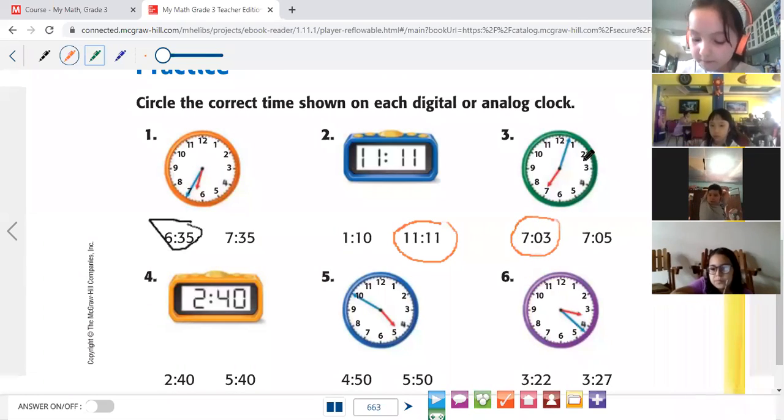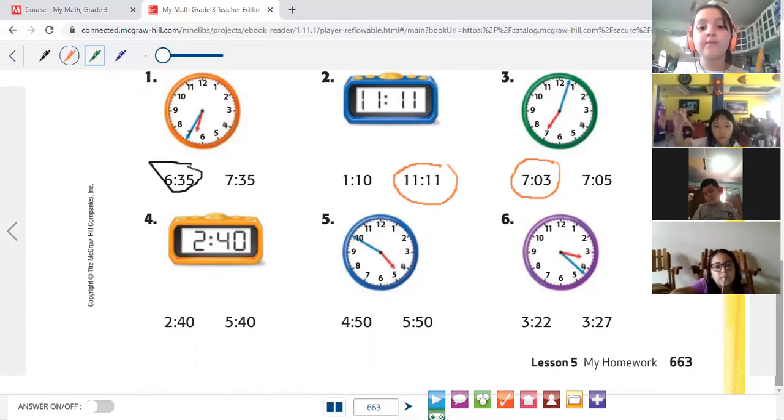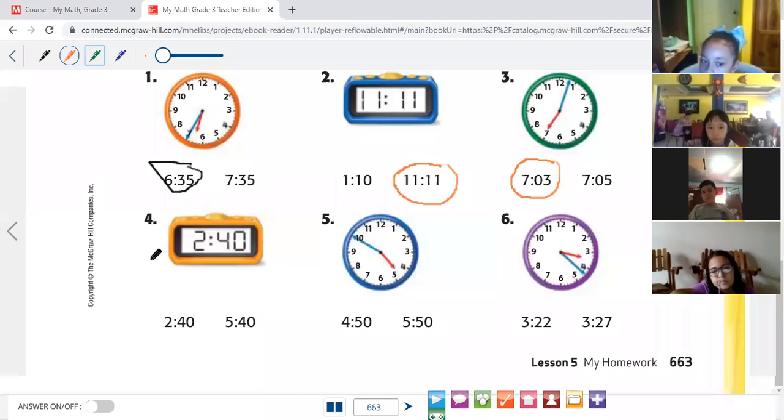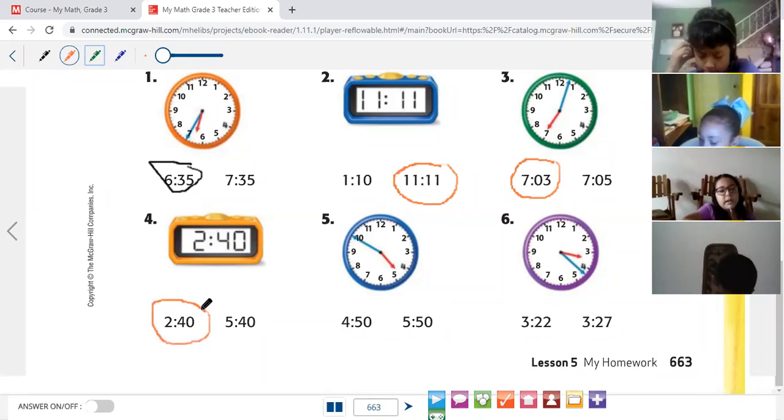Stephanie, would you like to help me with number 4, Stephanie? What time is it on number 4? 2:40. Excellent job. Good job. Lucy, would you like to help me with number 5, Lucy?